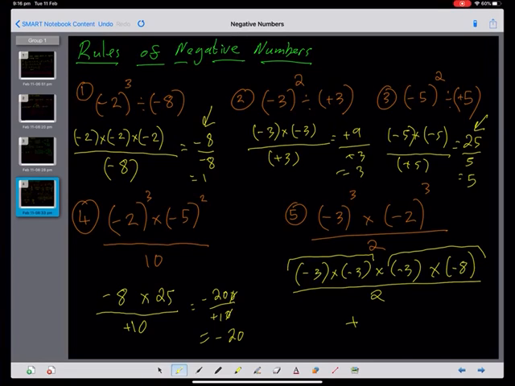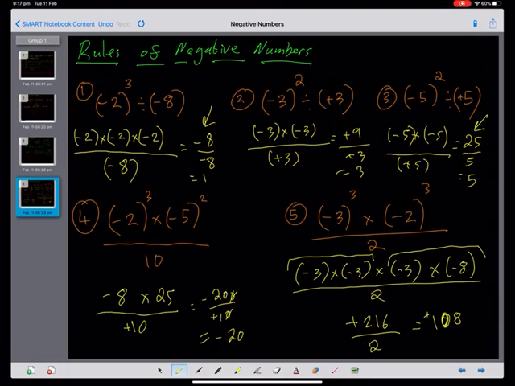So we've got 3 cubed is 27, and then we've got 27 multiplied by 8, which gives 216, divided by 2, which is 108. Which is positive.